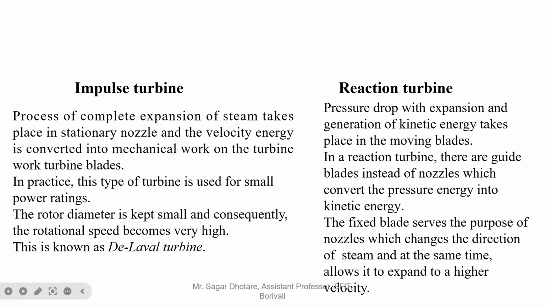Now there is a difference between impulse and reaction. We have already seen the difference between impulse and reaction turbines in water jet turbines. Here we are discussing the same thing again, but in the case of steam turbines.